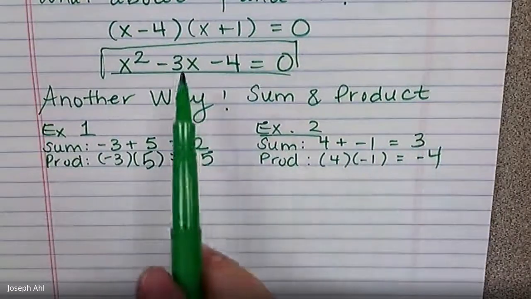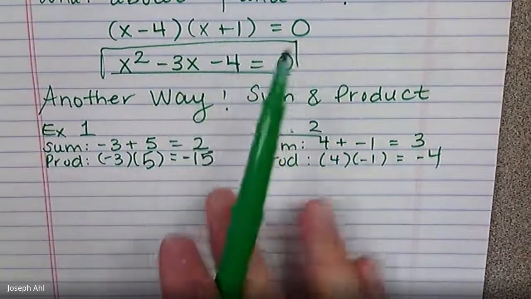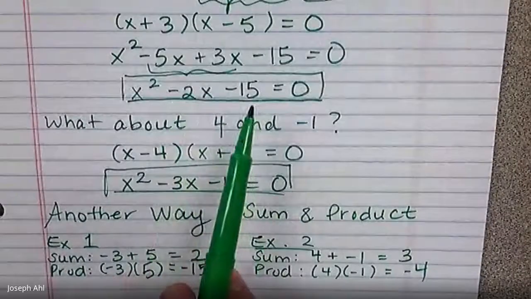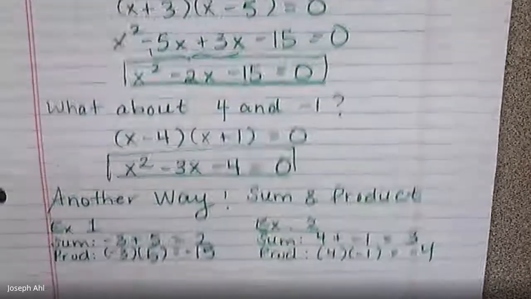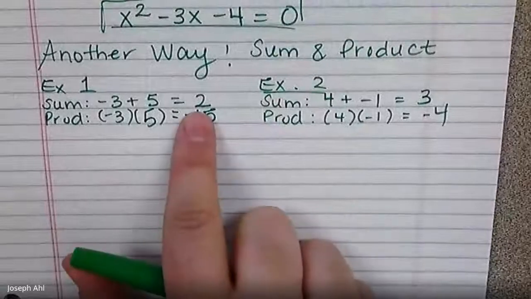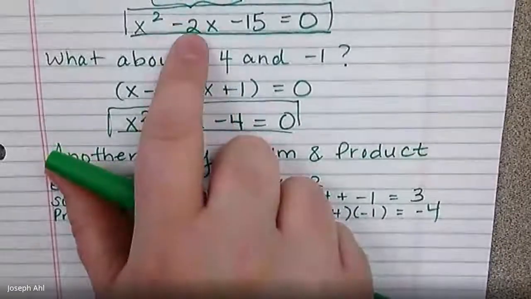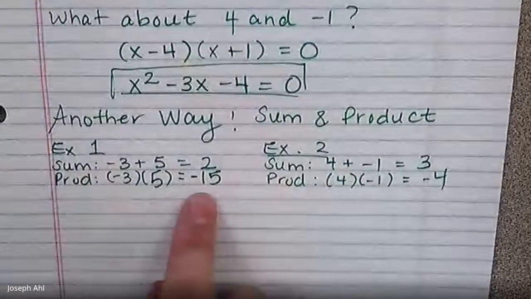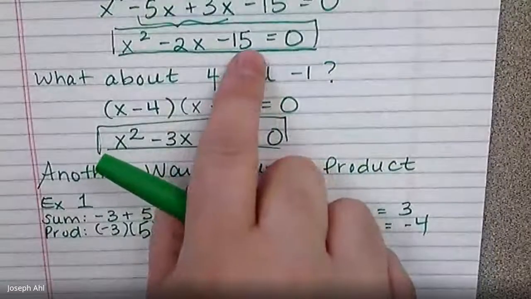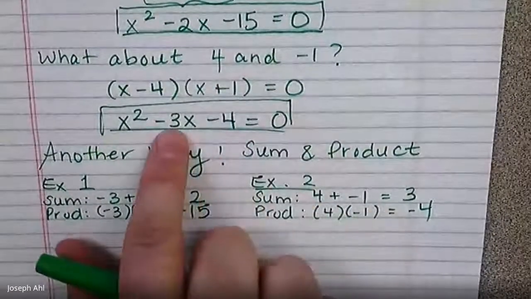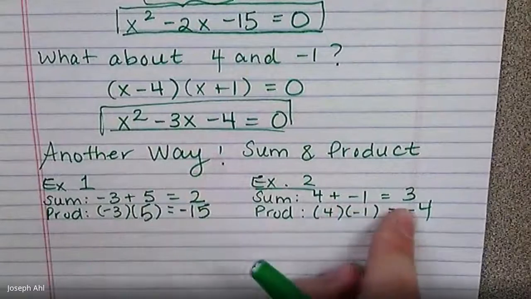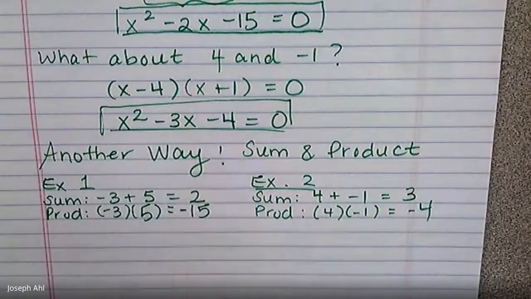So check out where the sum and product live in the equation. Sum, product. However, maybe what you're noticing in this case is that, wait, the sum is 2, but this was a -2. The product was -15, and that does exactly match this number here. Here the sum is 3, but that's -3. Product of -4, that stays at the end.